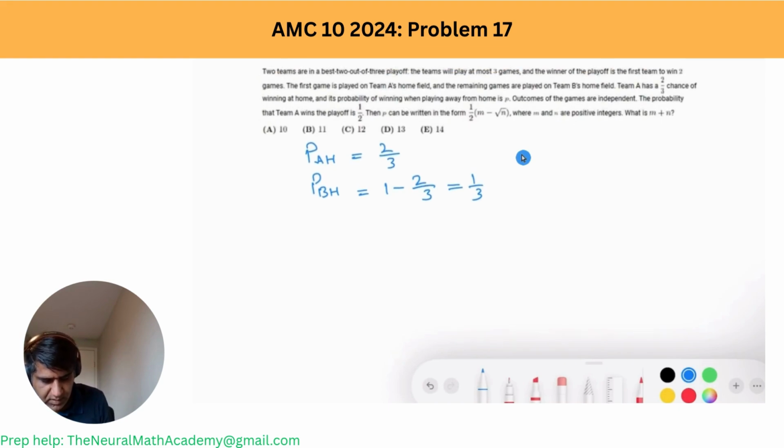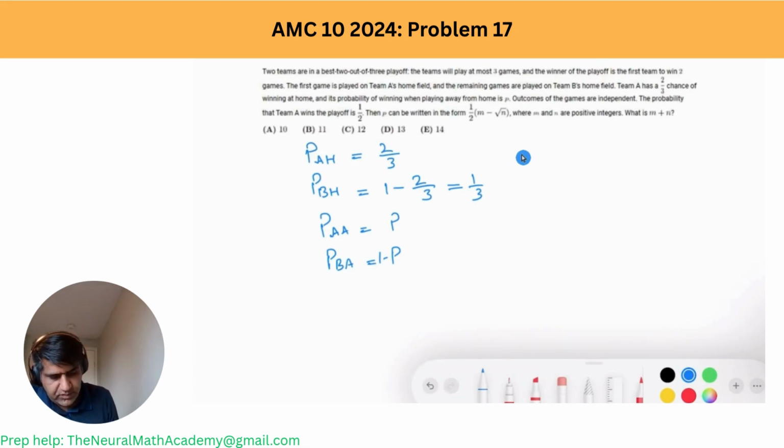And when Team A is playing away, the probability we are given is P, and the probability for Team B in that case would be 1 minus P.